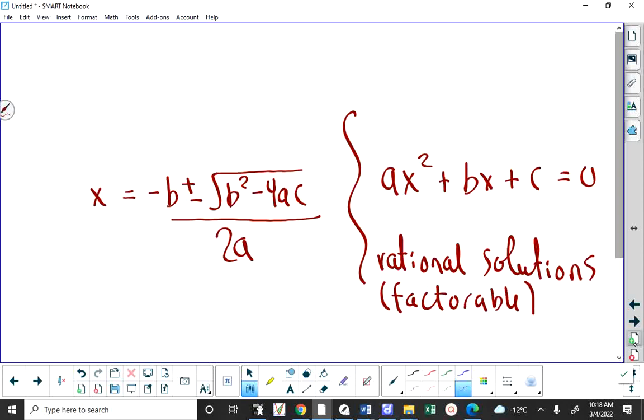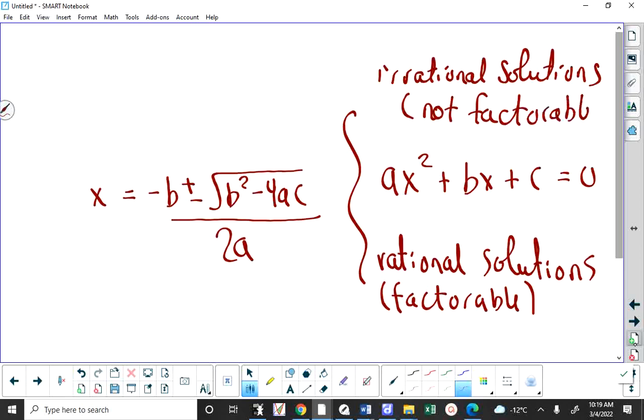If I tell you the solutions to a quadratic equation are 1/2 and negative 5, those are rational numbers. And you could even see that if it was negative 5, one of the factors would be x plus 5, and if it were 1/2, the other one would be 2x minus 1. If, on the other hand, this equation has irrational solutions, then what that means is it's not factorable.